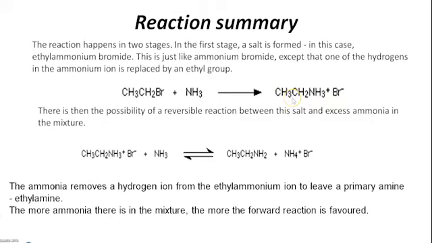In this case, ethyl ammonium bromide is formed. This is just like ammonium bromide, except that one of the hydrogens in the ammonium ion is replaced by an ethyl group. So when bromoethane reacts with ammonia, ethyl ammonium bromide is formed. This is an example of a quaternary salt.